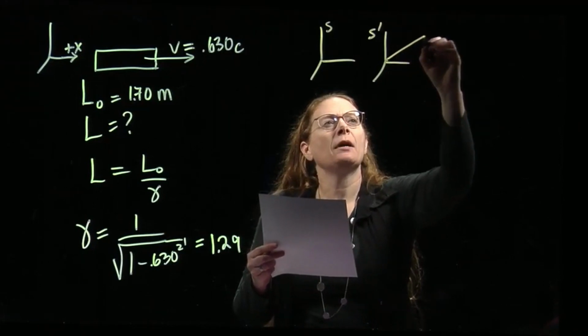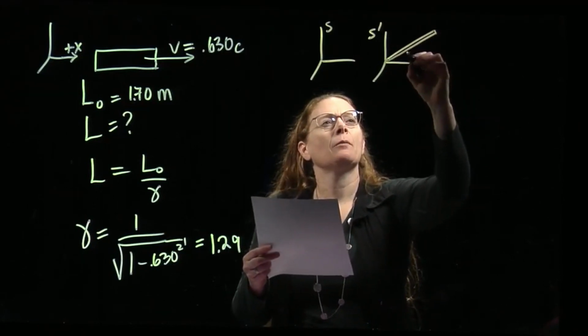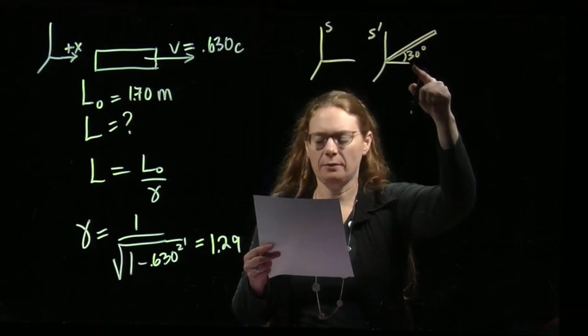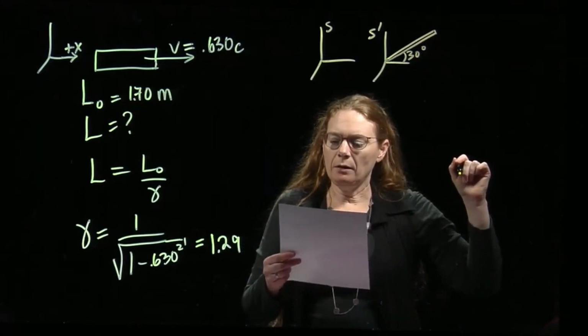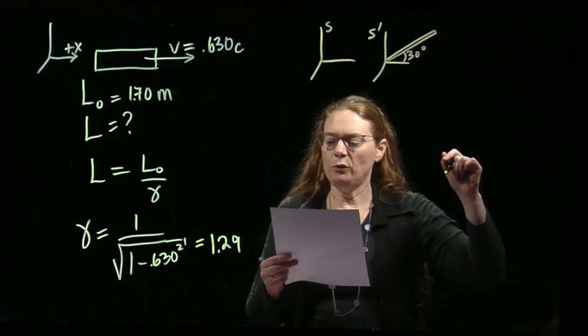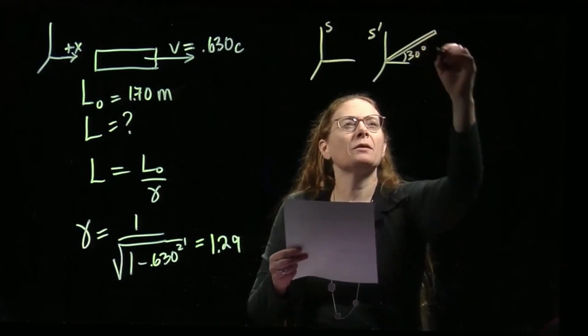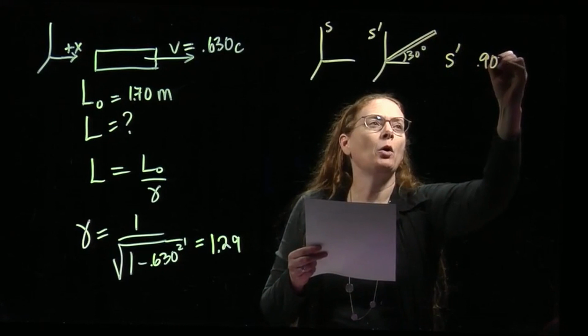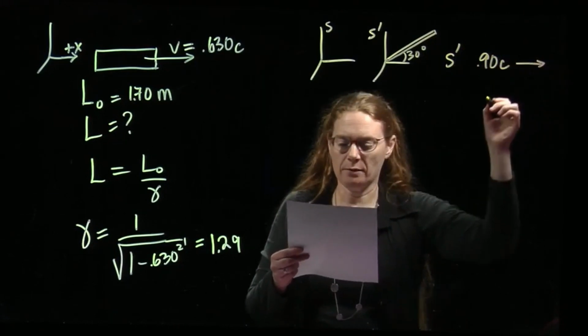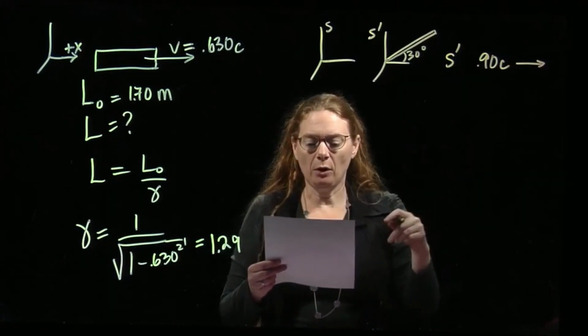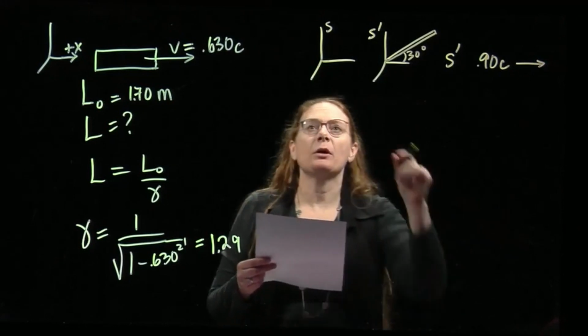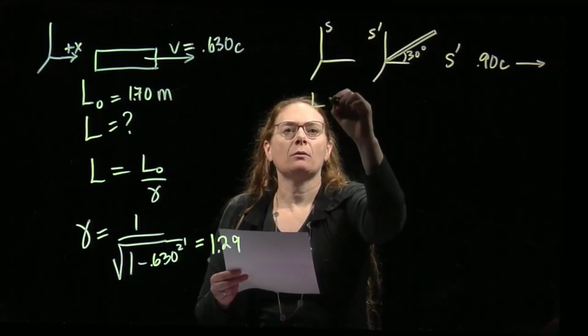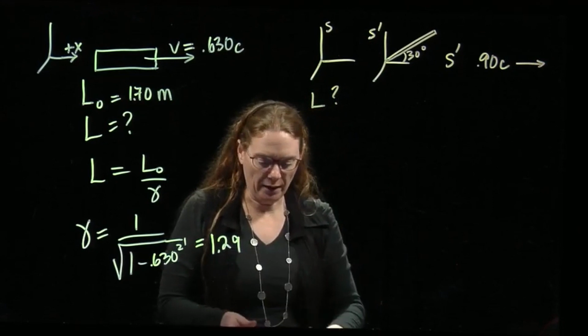So we have a meter stick making a 30-degree angle with the positive x-axis. The frame moves parallel, so S prime is moving with speed 0.90 c, in that positive x direction. We want to know what is the length of the stick as measured from S.